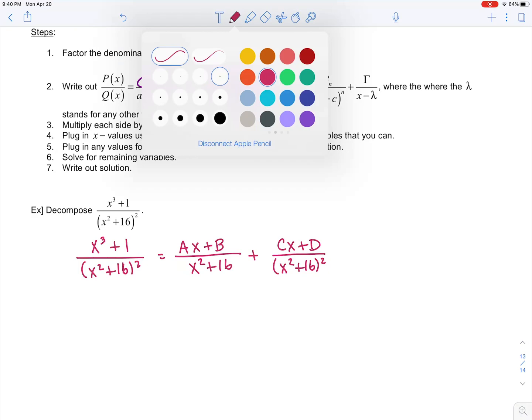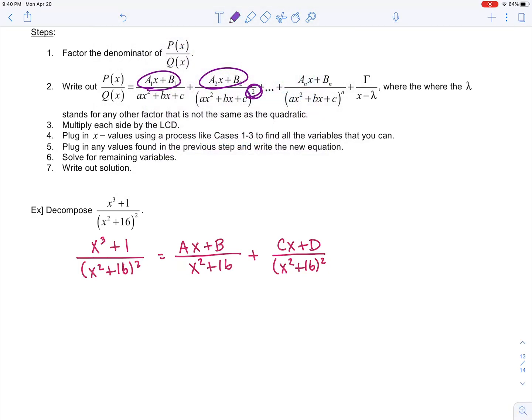Okay, now the next step is the same as all the previous examples. We would multiply by the LCD, which is x squared plus 16 squared, which I will distribute here, and then multiply by the single fraction on the left-hand side. So this should be able to cancel out all of the denominators.